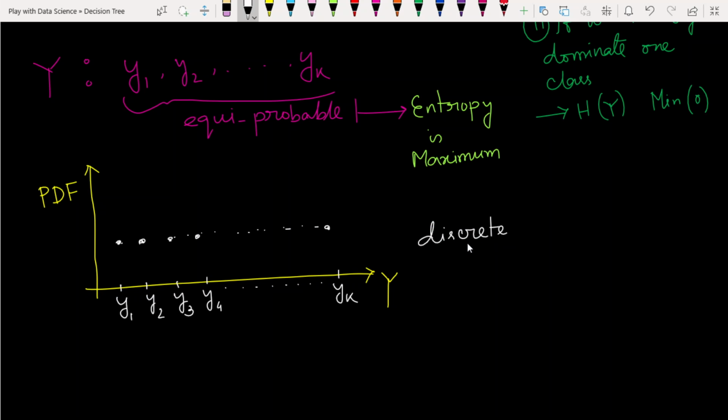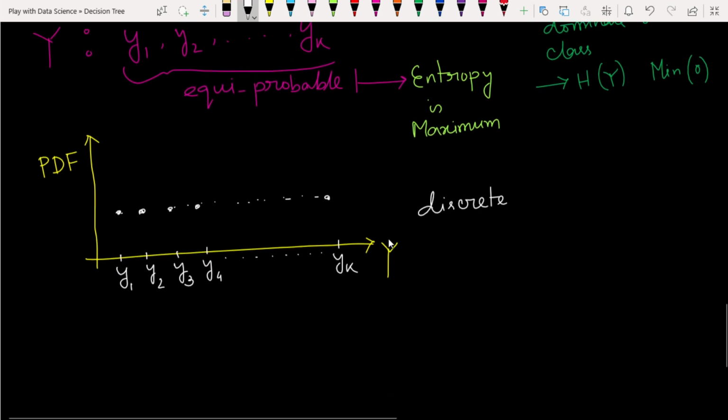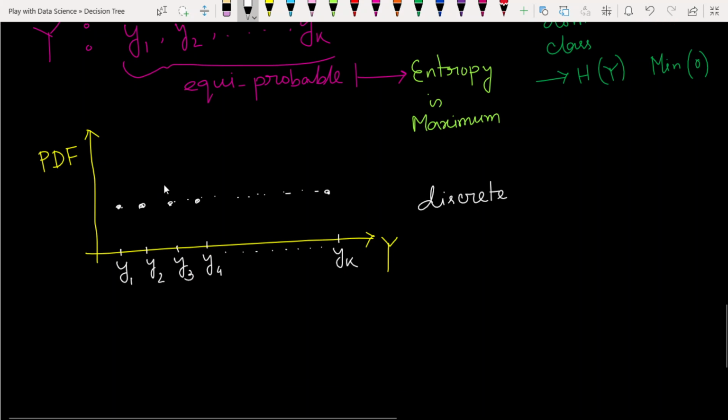In such cases our entropy will be maximum.